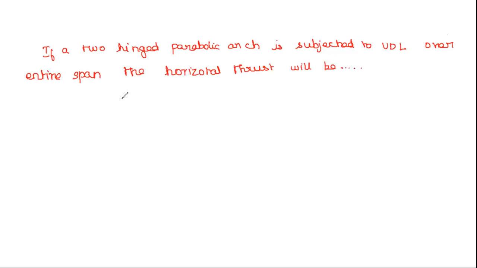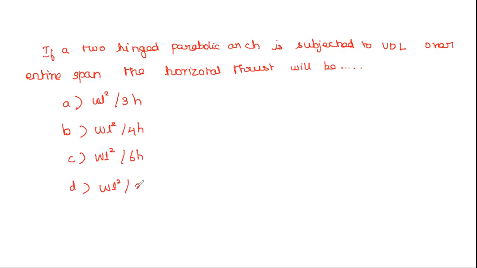Turn over the pages and find the formula. Option A, WL square by 3H. Option B, WL square by 4H. Option C, WL square by 6H. And option D, WL square by 8H. And we know that the answer is WL square by 8H.